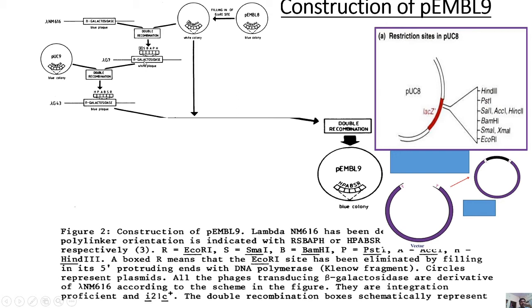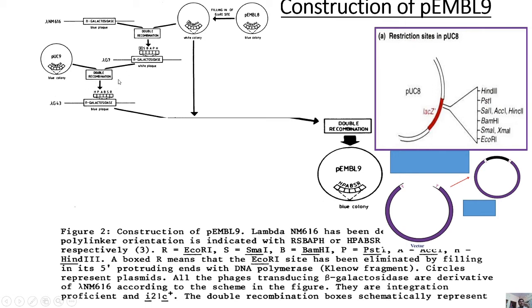Next, you have to co-transform a bacterial cell with lambda G7 and another vector, pUC9. pUC9 also has a functional lacZ region, so it produces a blue colored colony, but lambda G7 can't produce blue colored plaques.